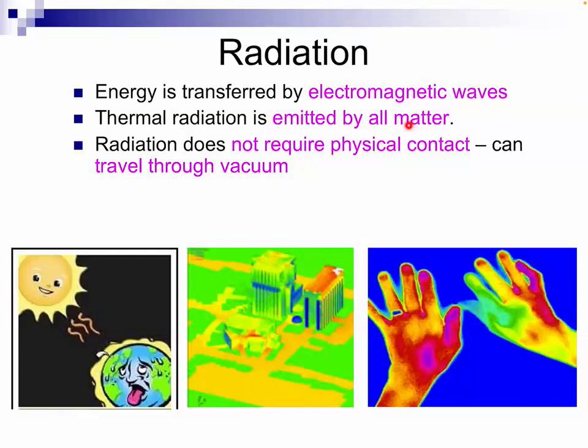Since all matter consists of atoms, all matter will emit thermal radiation, except, of course, when the object is at 0 Kelvin, the absolute zero temperature, where all atoms are frozen, meaning they're stationary, they're not moving. Then that's when this object is not emitting radiation.